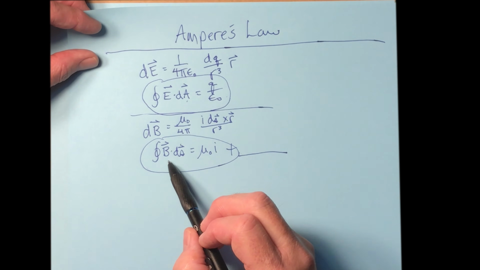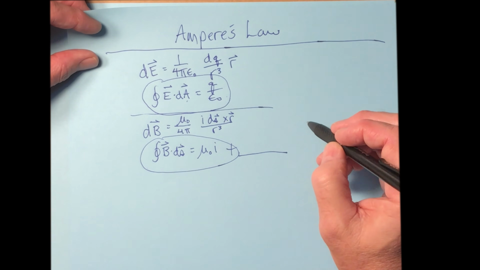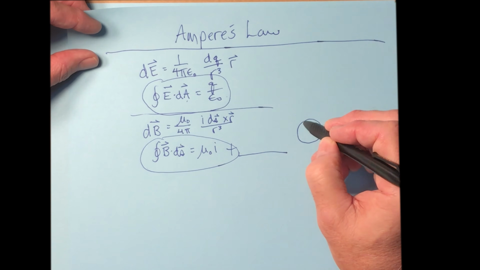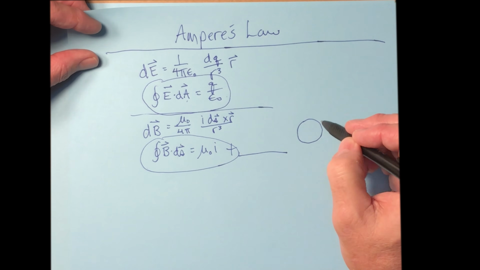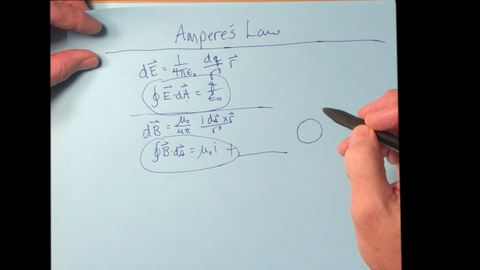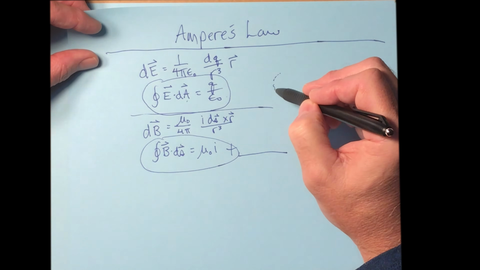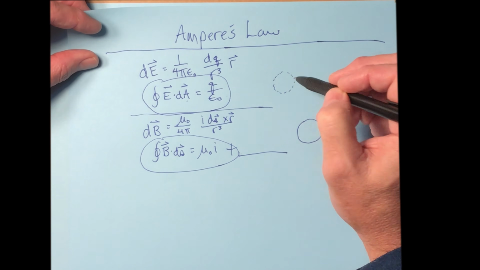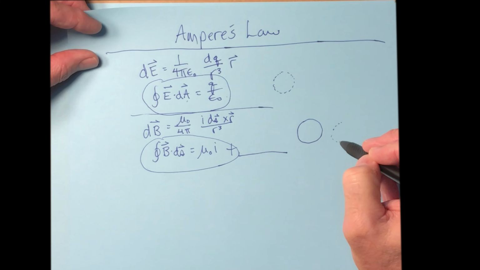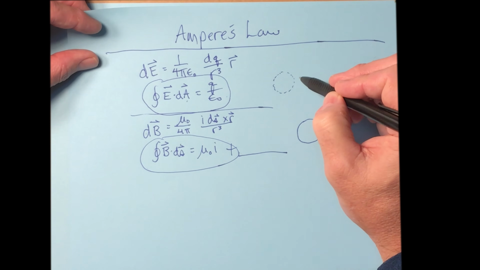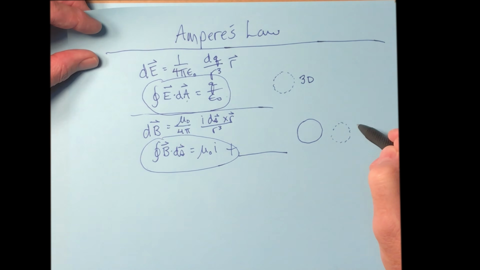Well, what is a closed line then? Well, a closed line is a loop. So even though it may look the same as a Gaussian surface, we drew our Gaussian surfaces like this. We may draw our Amperian loops like that. This one is three-dimensional. This one is going to be two-dimensional.